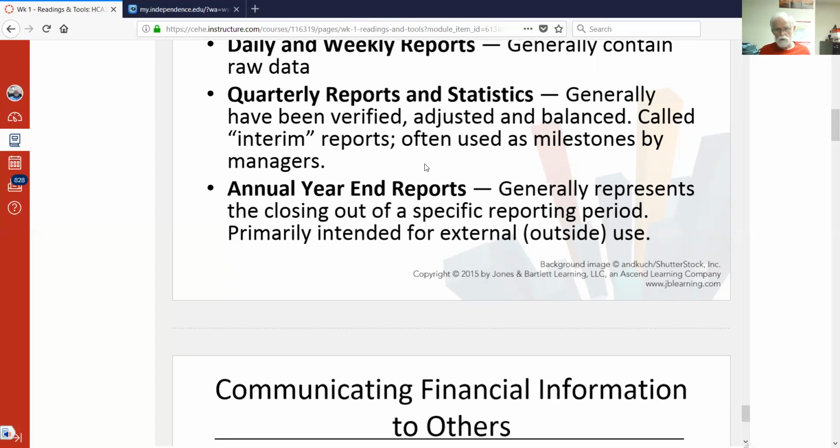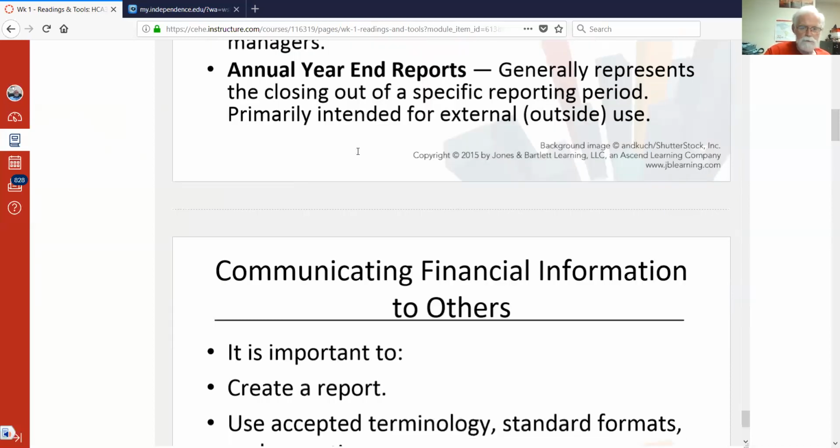A small organization might run on a calendar year, but any larger organization is generally going to run on a fiscal year, which will be whatever they have chosen out of the possible choices. And you can have it correspond with calendar quarters, or not. It doesn't have to.